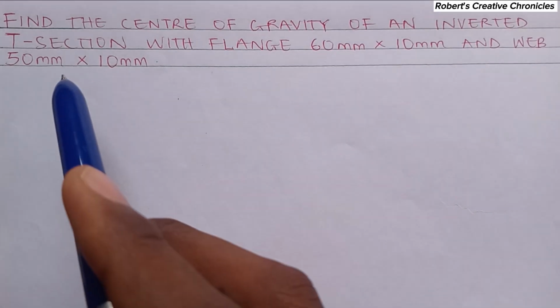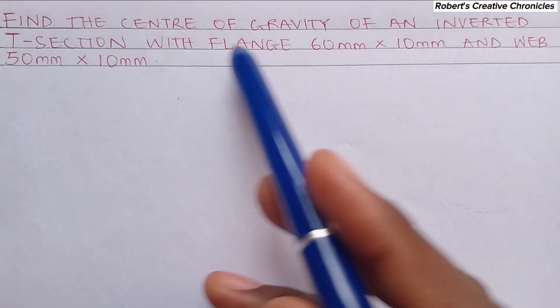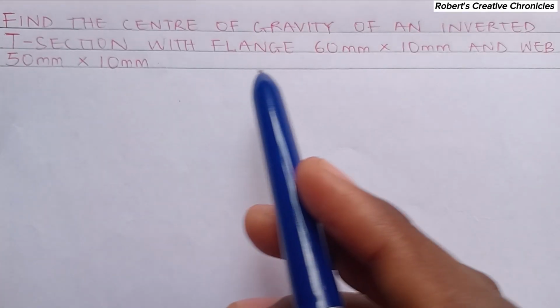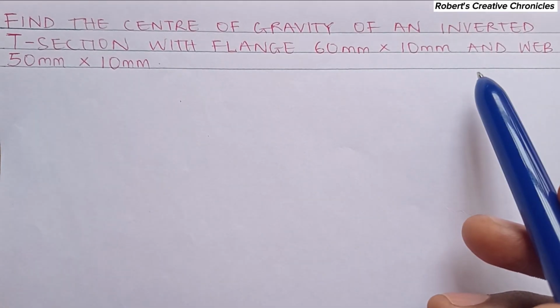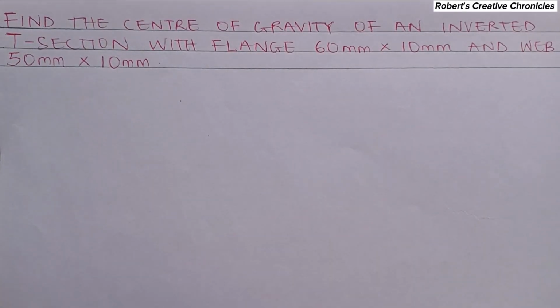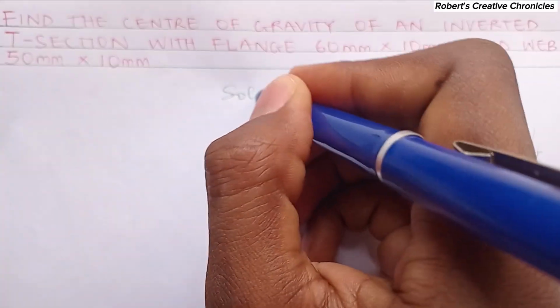So today we'll be solving this question, which states: find the center of gravity of an inverted T-section with flange 60 mm by 10 mm and web 50 mm by 10 mm. So, solution.